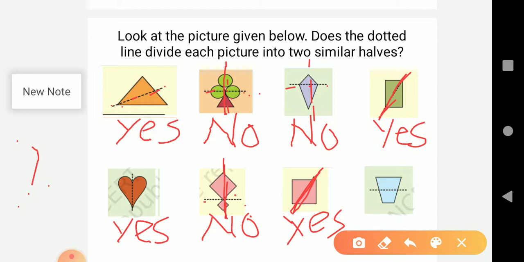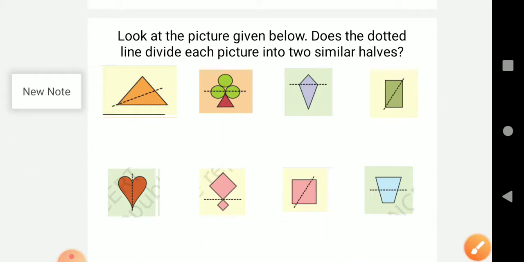Is this two equal halves? No, very good. So we write no for it. Because if the standing line is given, then it is yes, but here the sleeping line does not divide the given shape into two equal halves. Okay, understood?